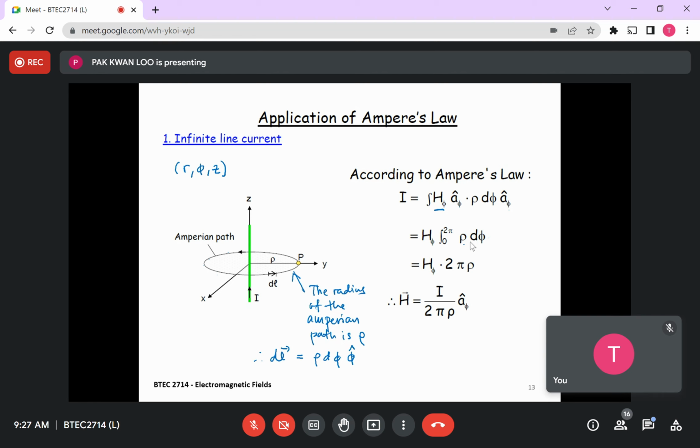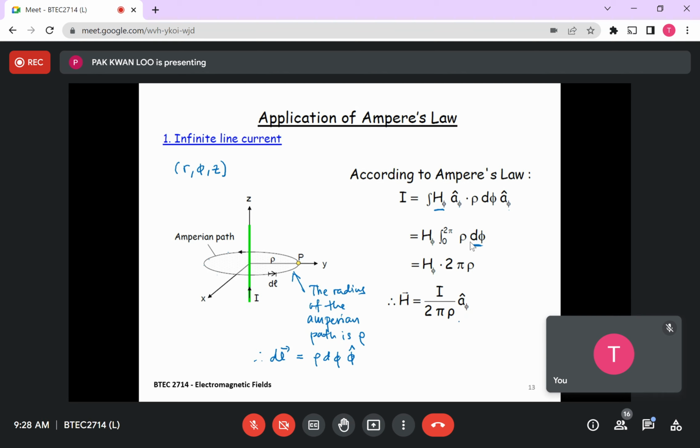We are actually integrating phi. So eventually we get the magnetic field produced by the current as I divided by 2 pi rho, in the phi direction.